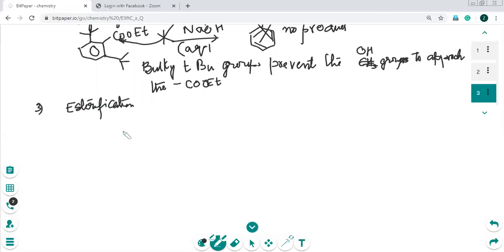Esterification rate is affected by the steric effect. Take the acid and react it with C2H5OH in sulfuric acid, H2SO4. Remember, sulfuric acid is a catalyst for this reaction.